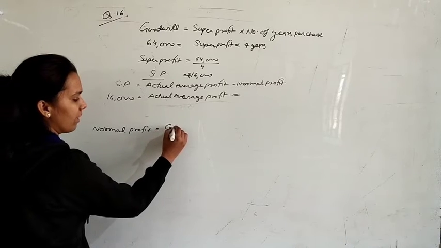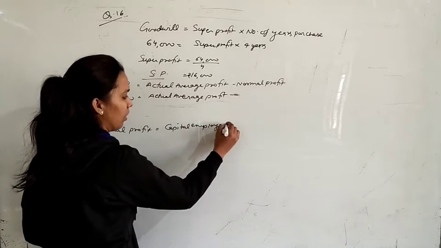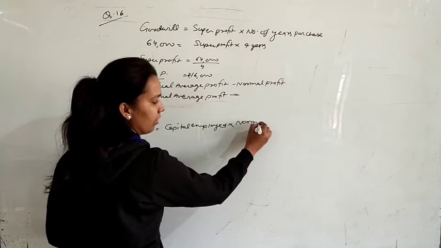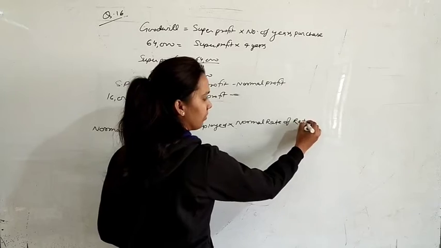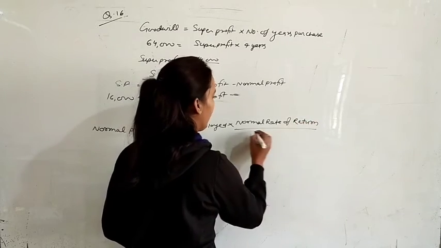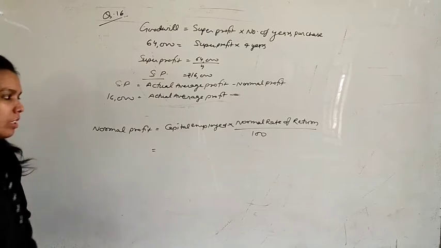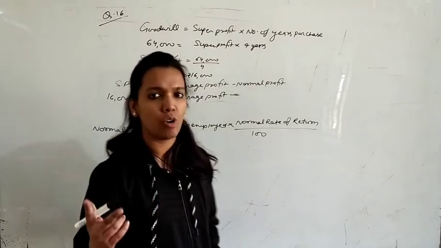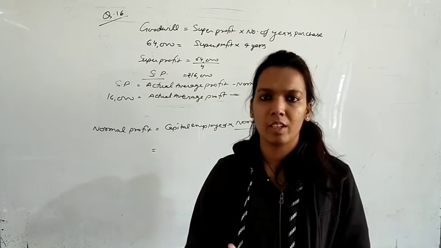Normal profit, that is capital employed multiply by normal rate of return divide by 100. Capital employed, the same question in this, that we have two methods of calculating capital employed. Just check which type of informations are given in the question.